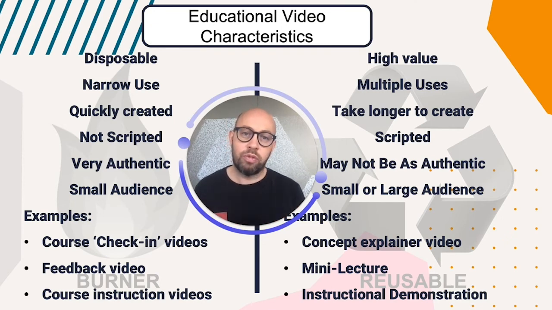When a student comes with the question, you can send them the video. Before they come to the session, you can send them the video. And you can reach a much wider audience. Maybe that concept is relevant for people beyond your cohort of students. Maybe it's relevant to people generally who are interested in your discipline. The same with instructional demonstrations.